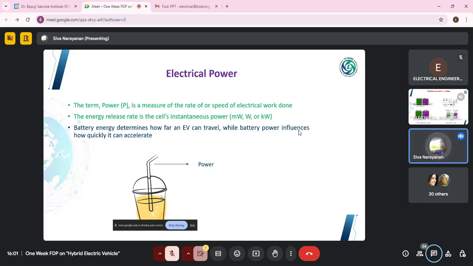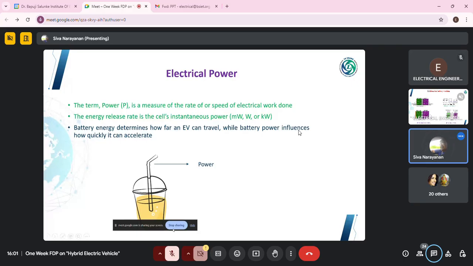Next is the electrical power. So what is the meaning of power? Sometimes, if you have more energy, what you can find is how fast you are able to use this energy, how fast you will be able to do this work. That tells us the power.